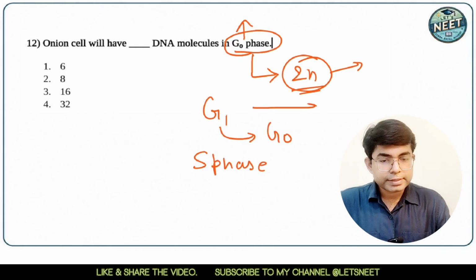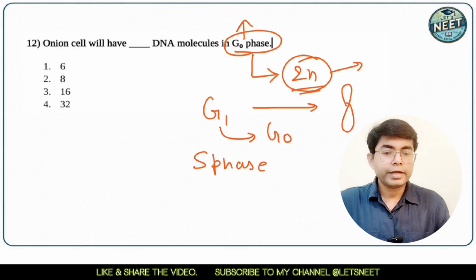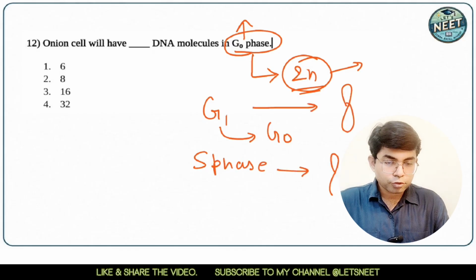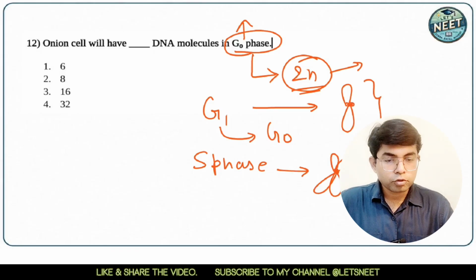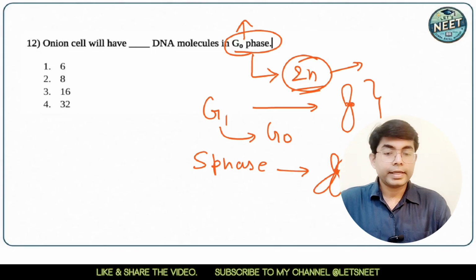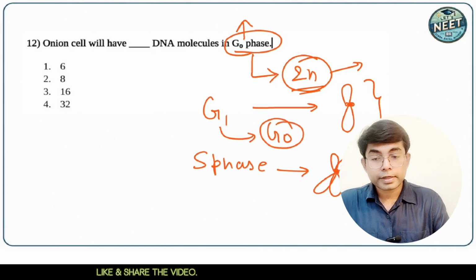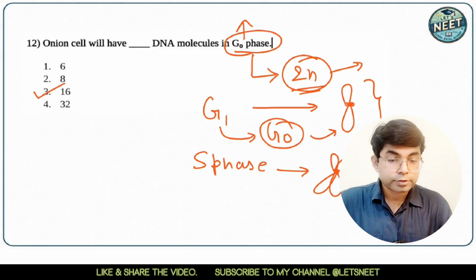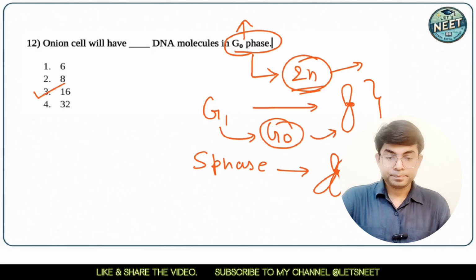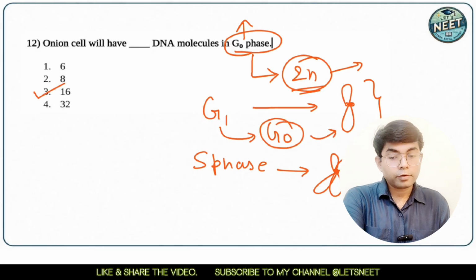So in G1 phase, each chromosome has only 1 chromatid. In S phase, each chromosome will have 2 chromatid. So here, 1 chromosome is equal to only 1 chromatid. So in G0 phase, the number of DNA molecule will remain 16, because during G0 phase, each chromosome has only 1 chromatid. Number of chromatid equal to number of DNA molecule.